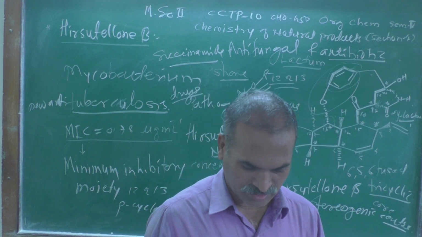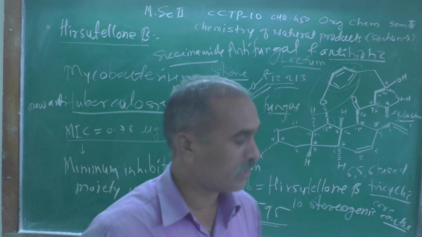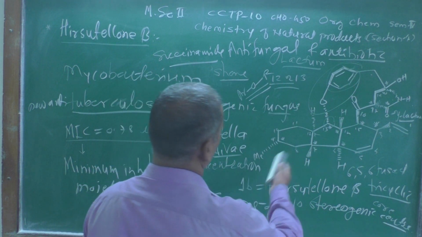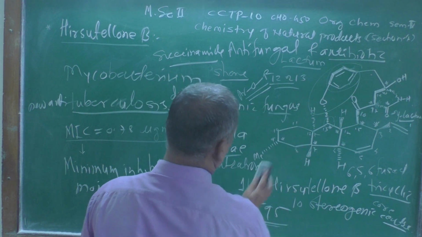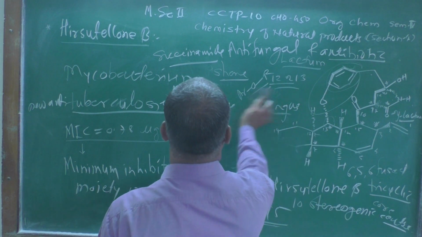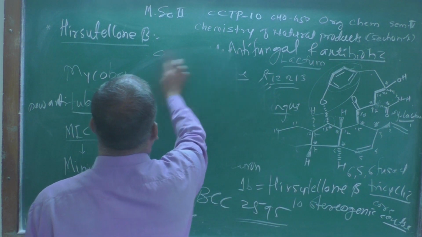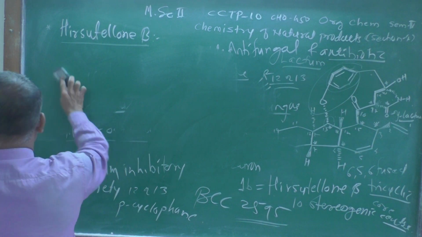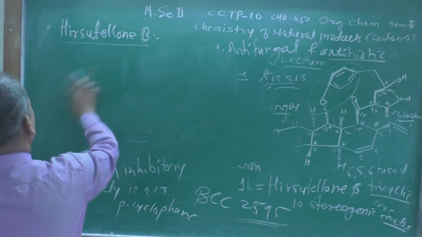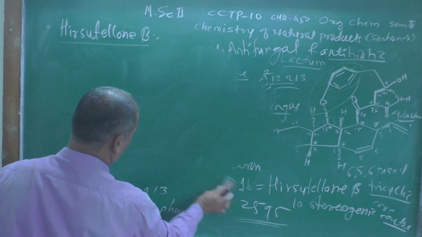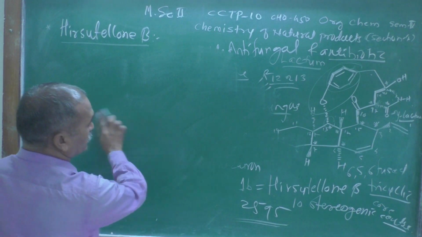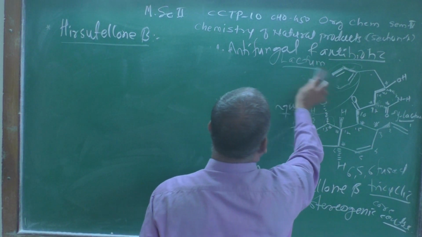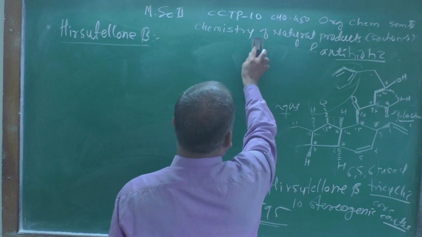Let's see the retrosynthetic analysis of this molecule. This is the target molecule which we have seen over here. Let us see how retrosynthetic analysis can be carried out over here.